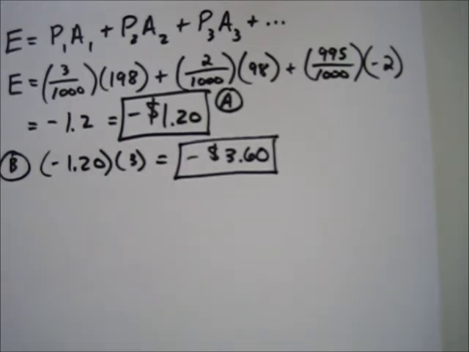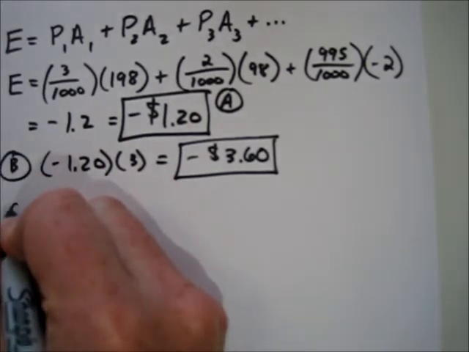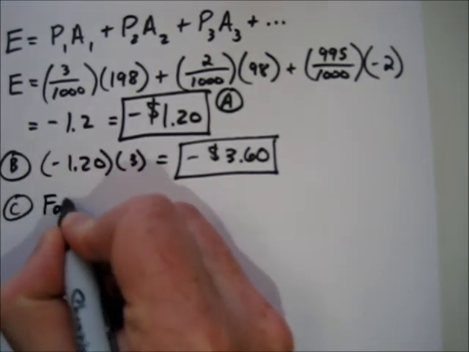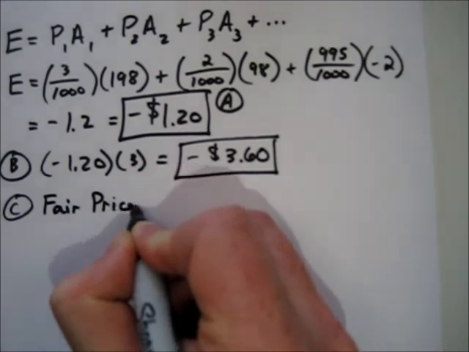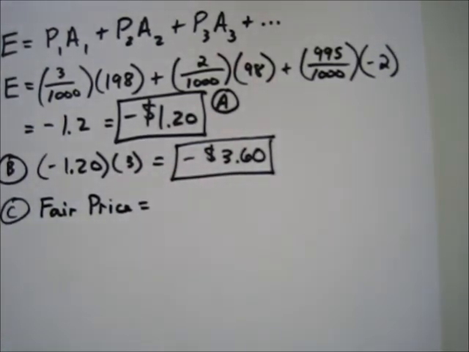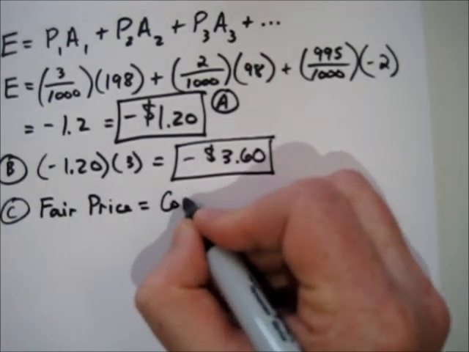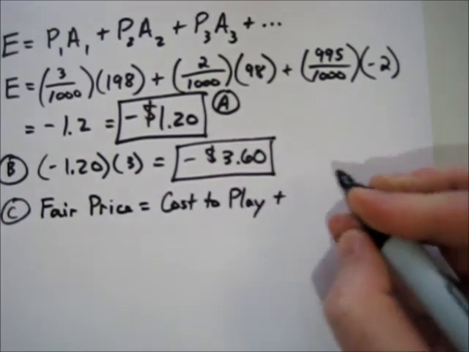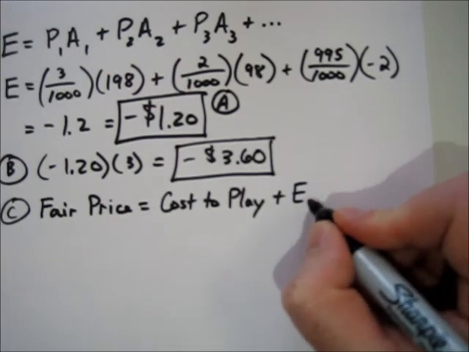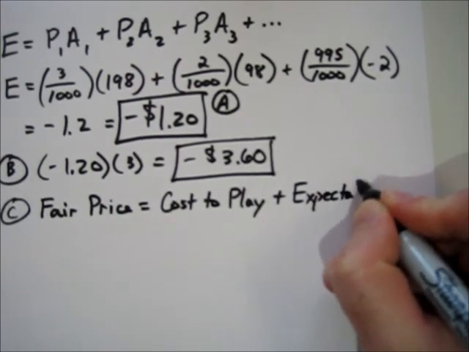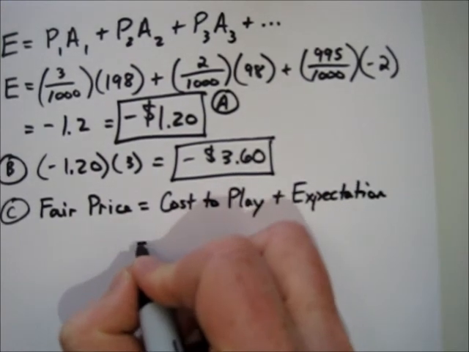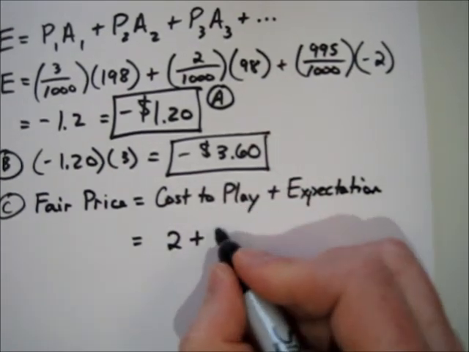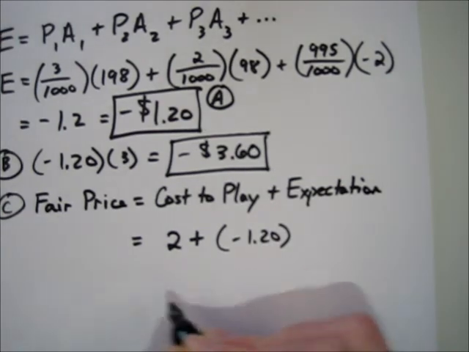And lastly, part C, determine the fair price to pay for a ticket. Fair price, it's by a formula in the book, fair price is equal to cost to play plus expectation. So in our case, the cost to play was $2, and we found out the expectation was negative $1.20.